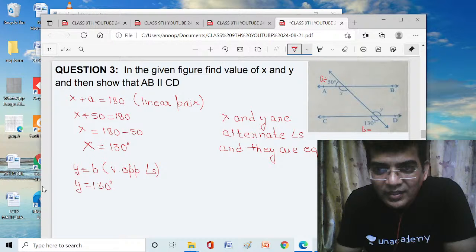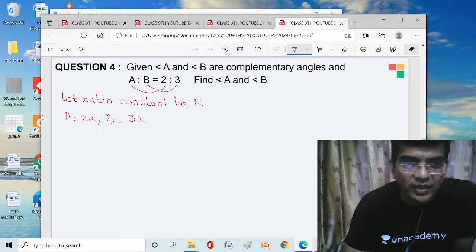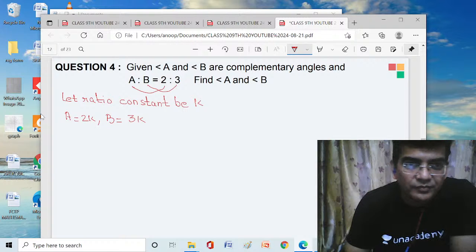So I can write A is equal to 2k and B is equal to 3k. Hope this much is clear to you. Now, what the question says is that these two are complementary angles.